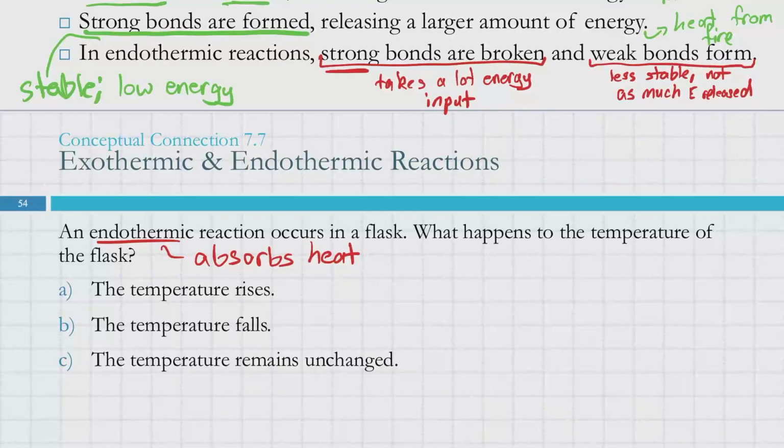Where's it getting the heat from? It's getting the heat from the flask, or the contents of the flask. So what does that mean about the contents of the flask?